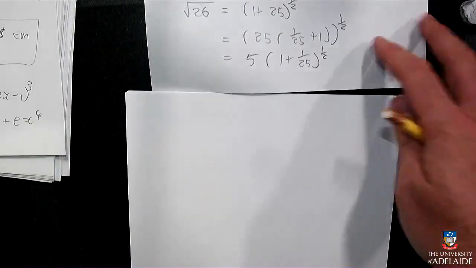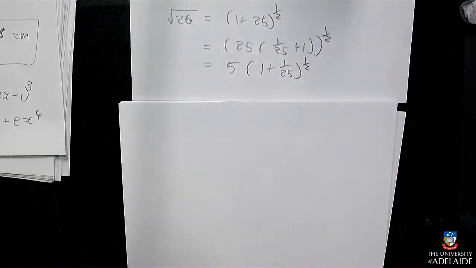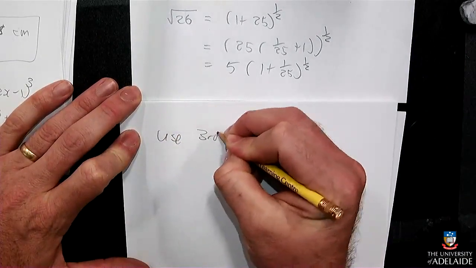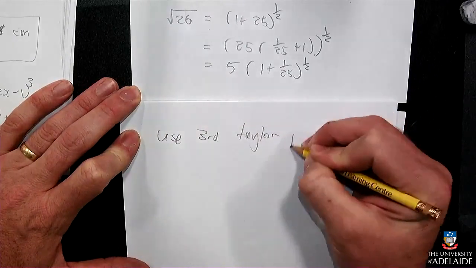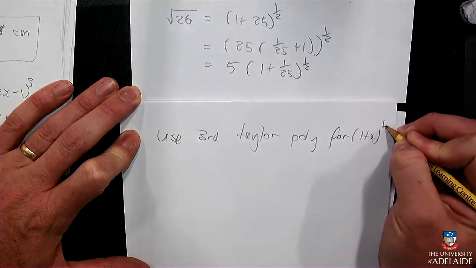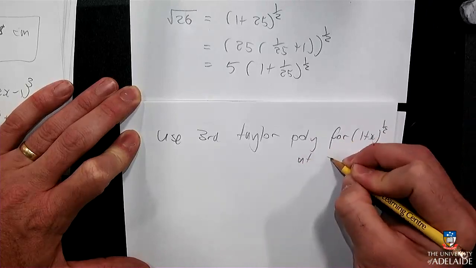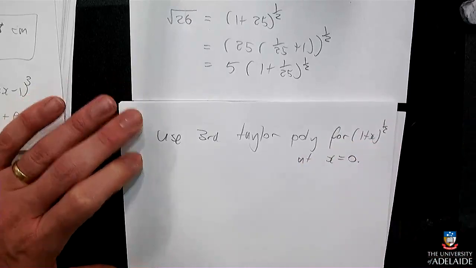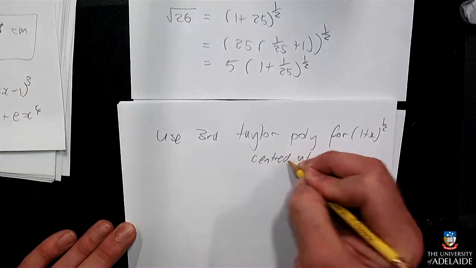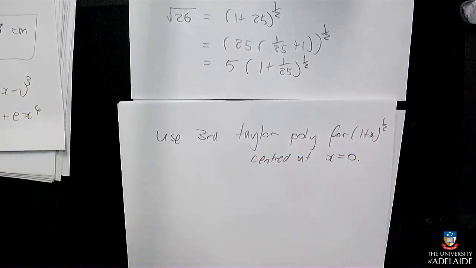In all of our other examples when we did them on the screen earlier, the third power was a good one. It got us some pretty accurate results. So that's what we'll do as well. Let's use the third Taylor polynomial for 1 plus x to the half centred at x equals 0.